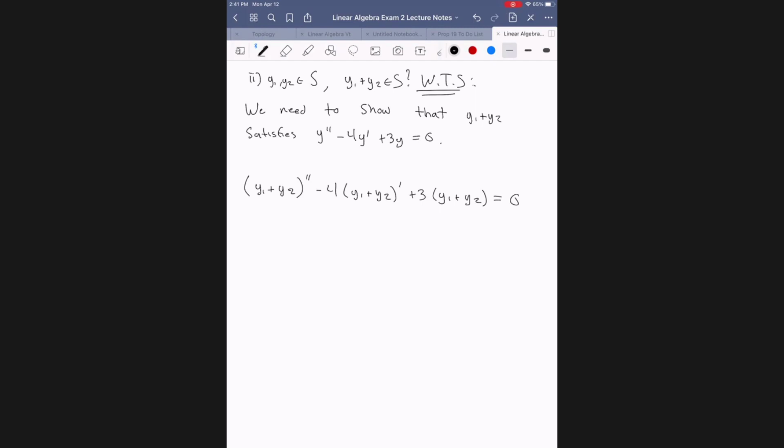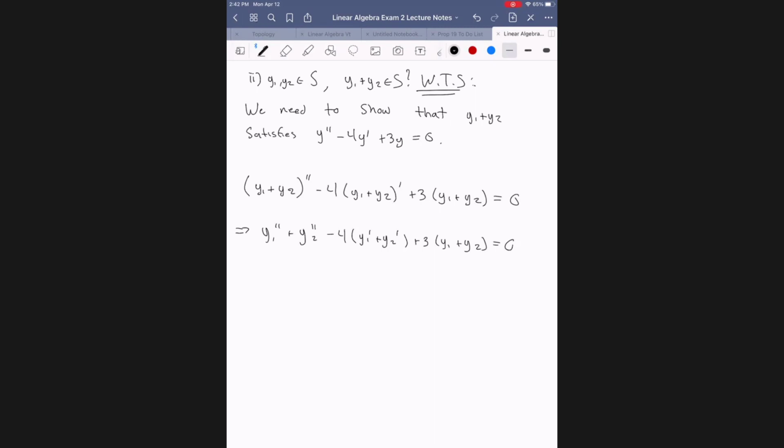So what do I do now? Well, can I take the derivative of each one individually? Yes, exactly. So this would just be y1 double prime plus y2 double prime minus 4 times (y1 prime plus y2 prime) plus 3 times (y1 plus y2) equals 0, right?